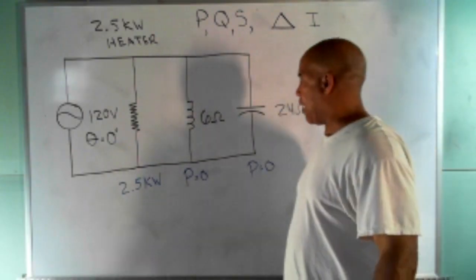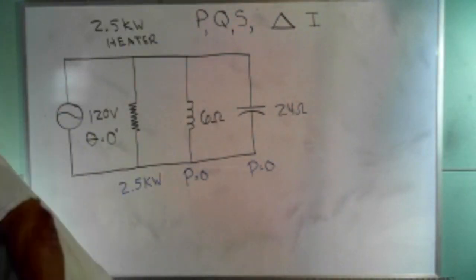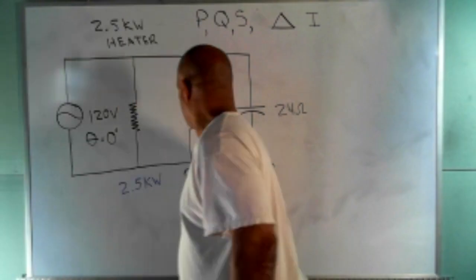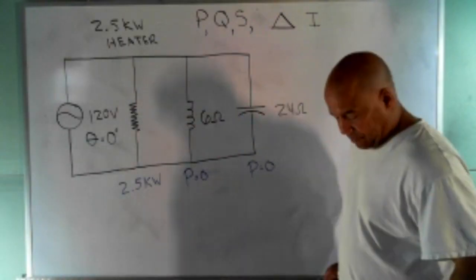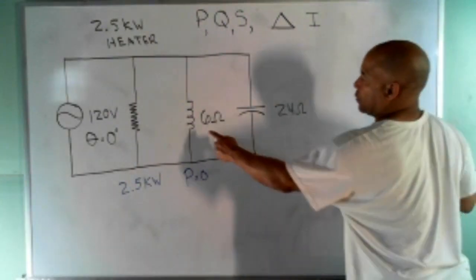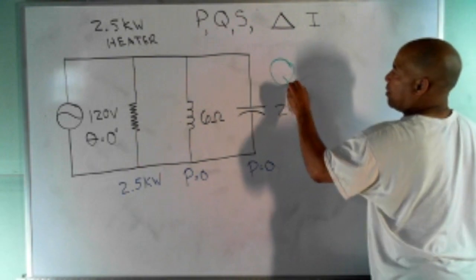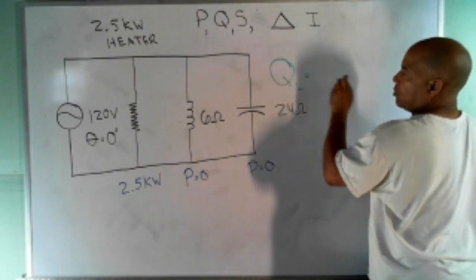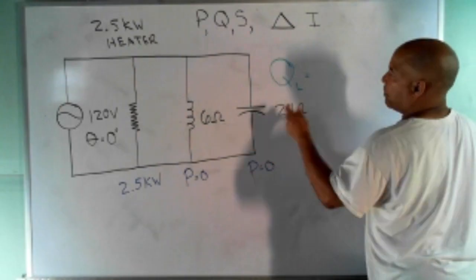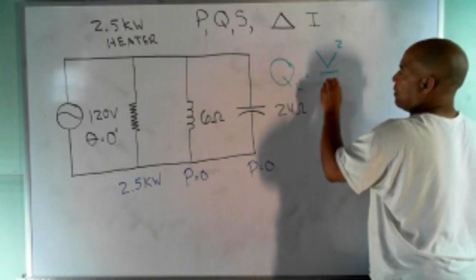Reactive power, the total reactive power. Again, it's just Watt's law applied to XL and XC. So let's do this one. We'll call that QL. QL is equal to, well, we know voltage and the opposition, so it's going to be V squared over XL.